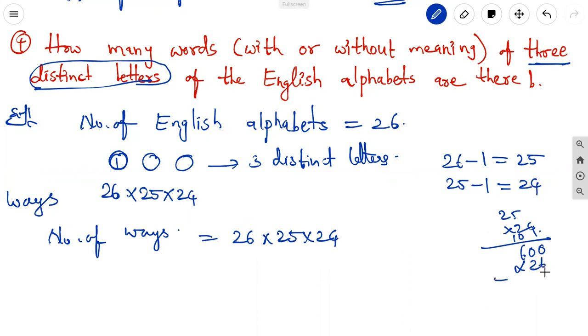Into 26: 6 sixes are 36, 3 is the carry; 6 twos are 12 plus 3, 15. So 15,600. 15,600 ways we can arrange 3 letters of the words from the English alphabet.